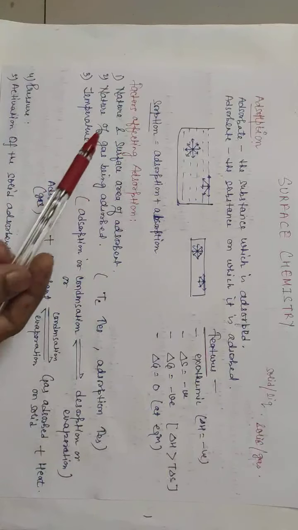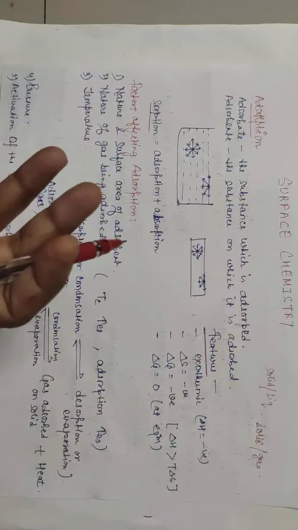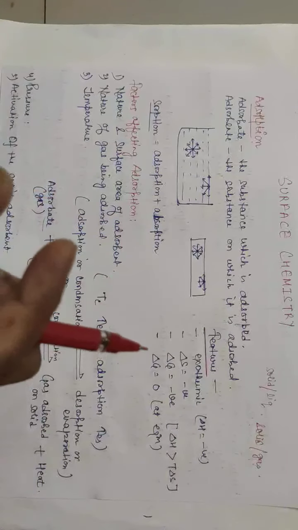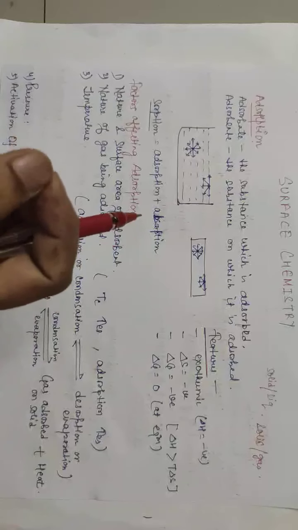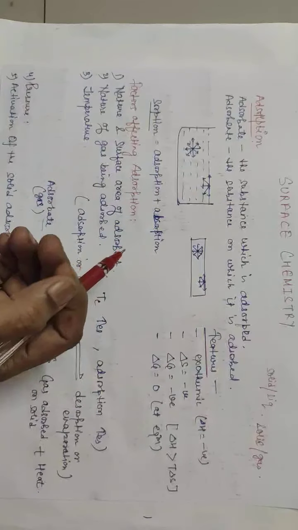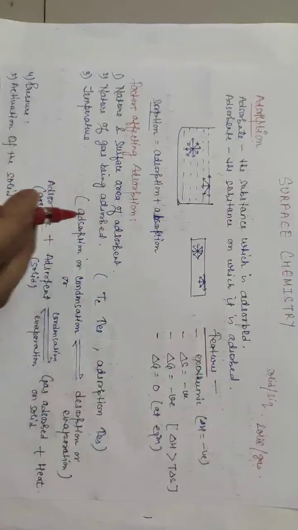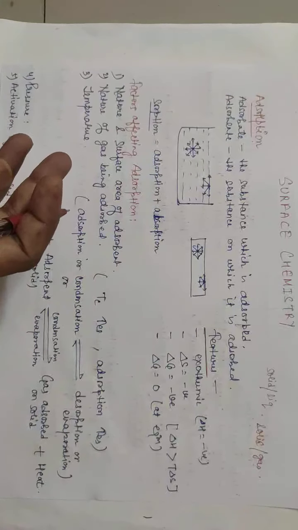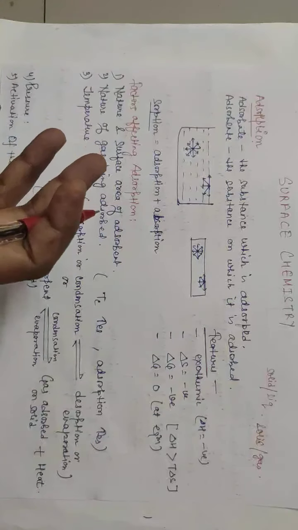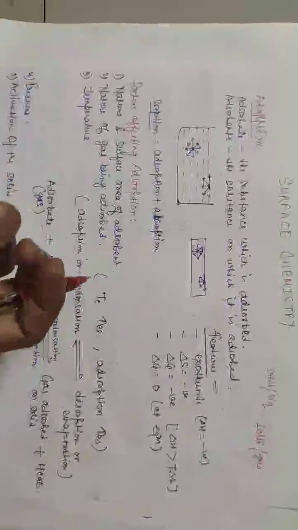Okay, now let us start with adsorption. When you buy a new tiffin box or new bottle or new bag, you must have seen a packet written silica gel on it with the product. This packet is kept in the closed container or closed bag so that the gas present inside it, whether it is water vapor or some other gas, is attracted to that surface and is retained on it.